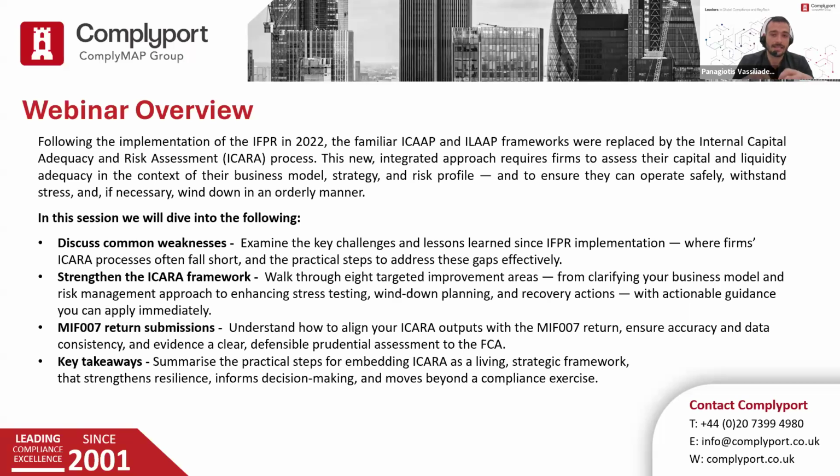These are the recurring issues that trip firms up, and we will show you how to avoid or rectify them. Second, we will walk through some targeted improvement areas. These are practical steps you can take to strengthen your ICARA, things like clarifying your business model, improving the stress testing design, and making your wind down plan actually executable.